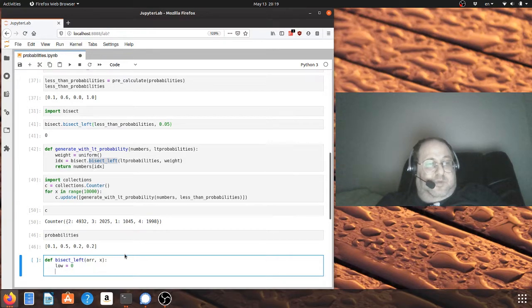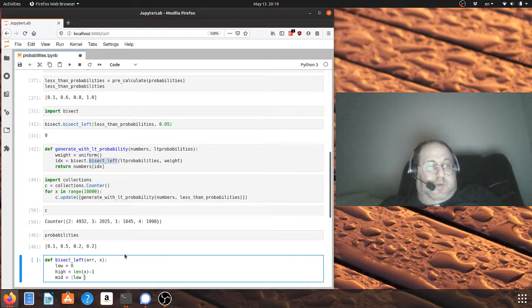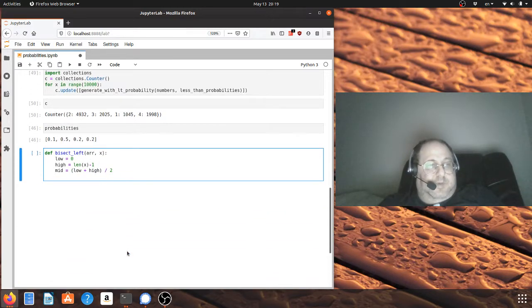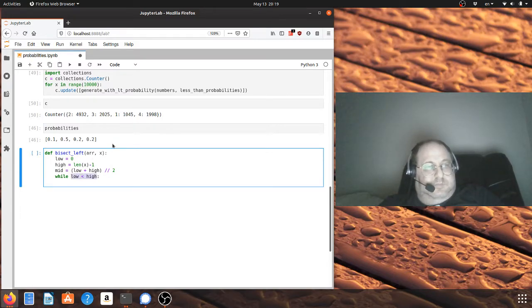Low equals 0, high equals len of x minus 1, and midpoint equals low plus high divided by 2, and we'll do this while high minus low is greater than 1.